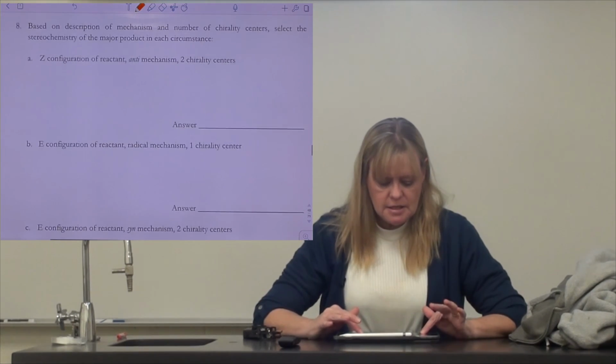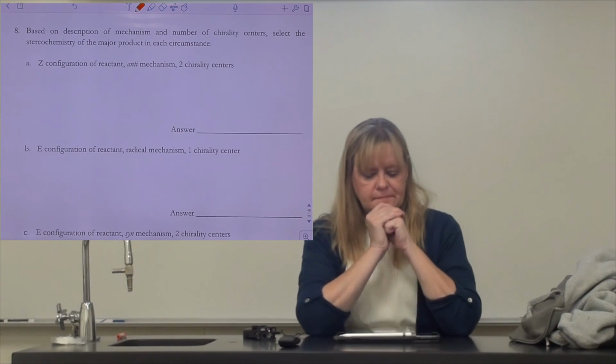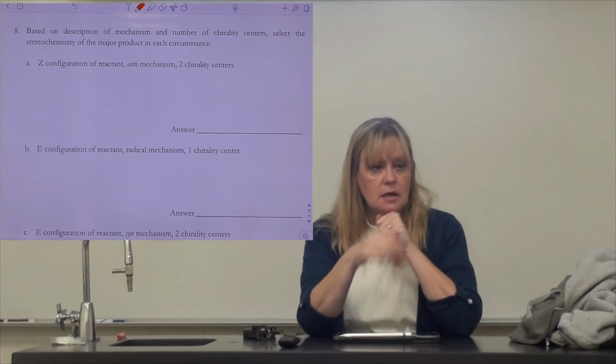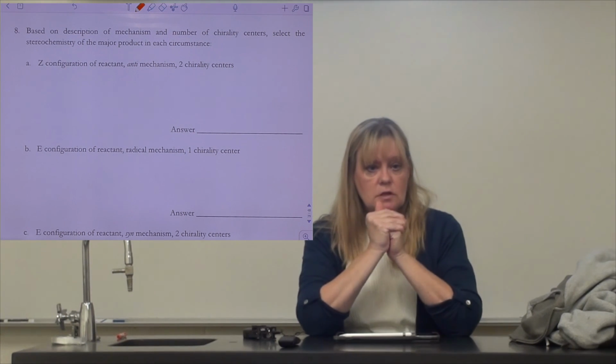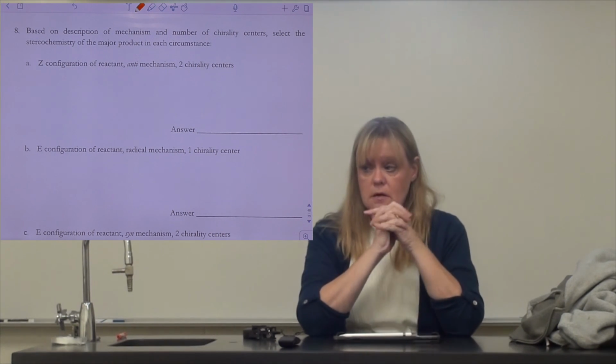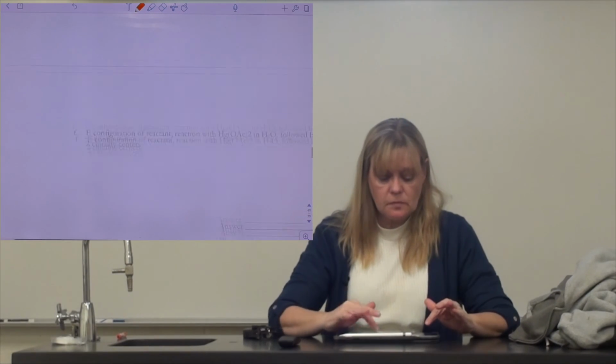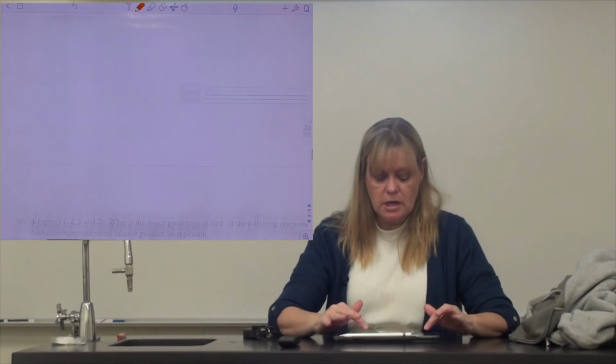On page 48. That's your homework. It's the same kind of thing that we were just doing, just to make sure you can predict stereochemistry just by itself. Is it question 8 or just 8? Question 8. The whole thing of question 8, so that's 48 and 49.